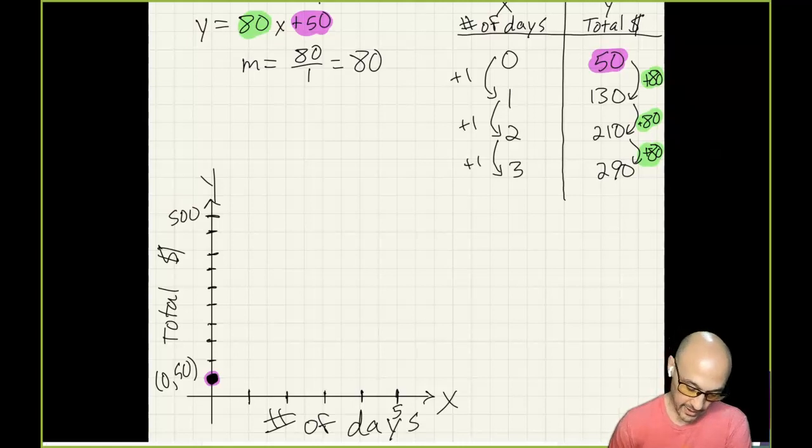And then on day 1, it's 130. So let's see, this is 100, that's 150. So 130 is going to be about right there. On day 2, it's going to be 210. On day 3, it's going to be 290.